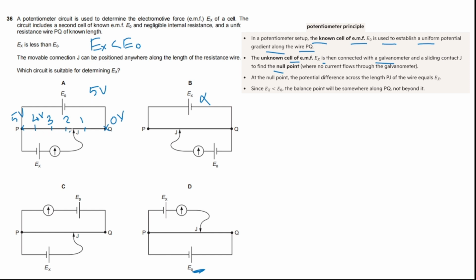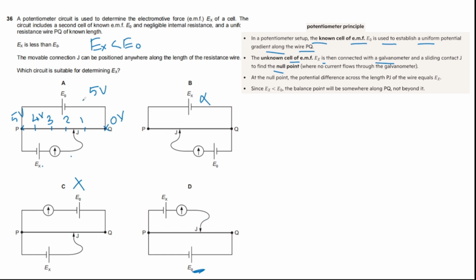As you move the movable connection, at the point where the voltage equals the Ex value, you will get a null point on the galvanometer. That's why the galvanometer should be connected along with the unknown voltage. Here it is connected correctly, but here you can see it is connected with the known one, so option C is wrong, and here also it's connected correctly.